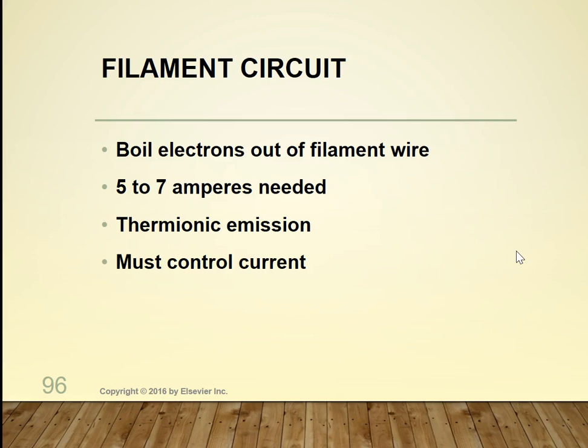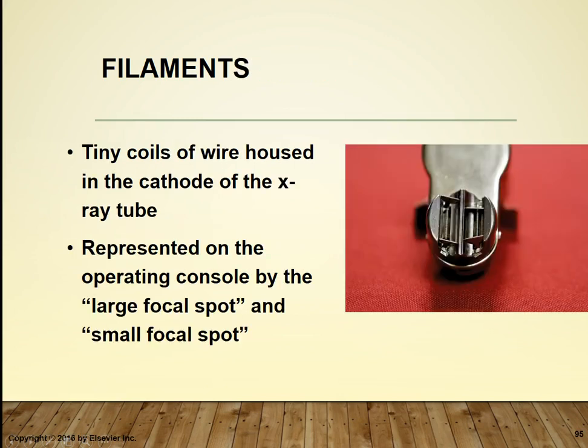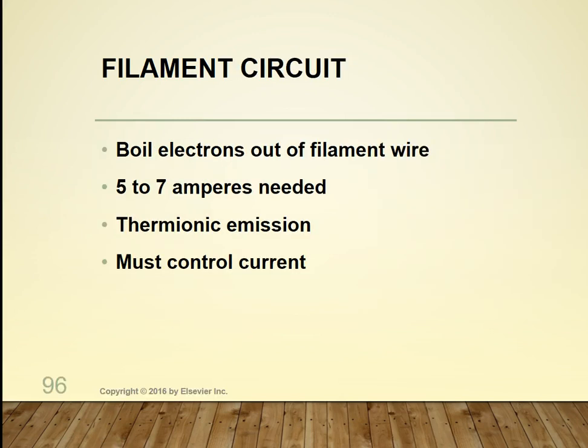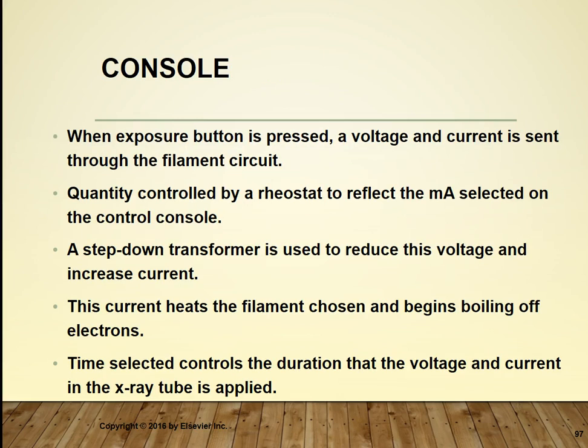However, in the filament circuit, we're boiling these electrons off of a very small wire, and we must precisely control the current that is applied, because if the current is too high, it's going to kill that little bitty wire right there. So that's why we have to have a step down to be able to take care of that additional information.